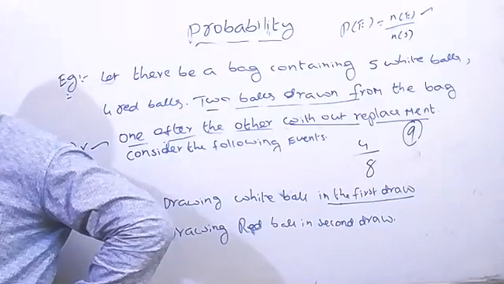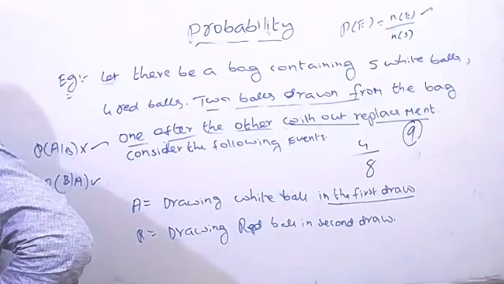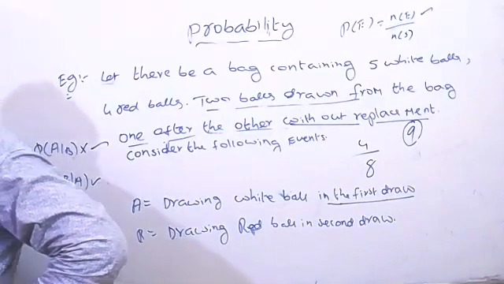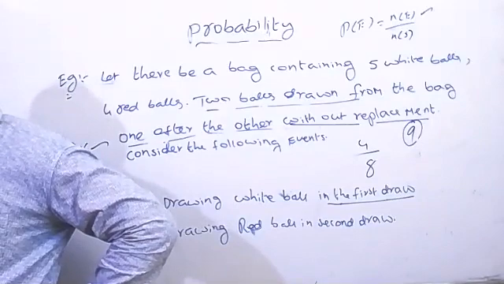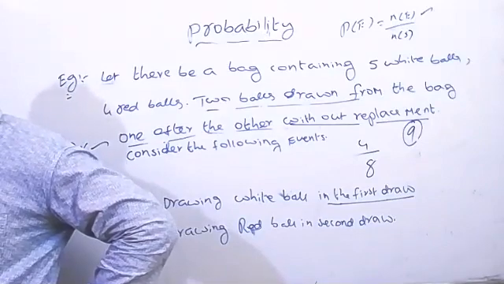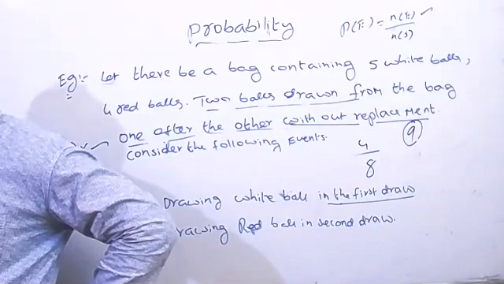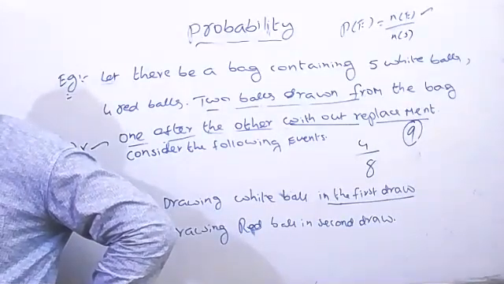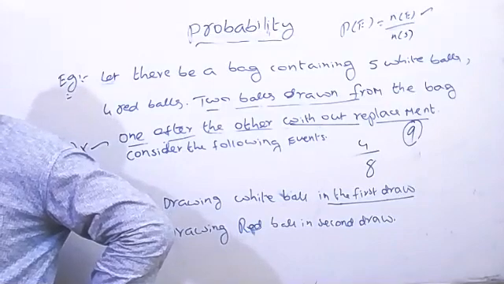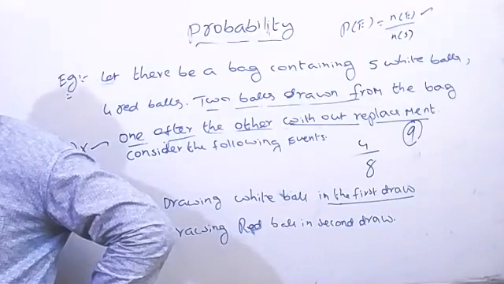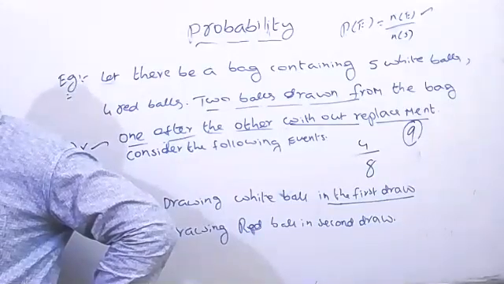Next line. So therefore, probability of B by A equals probability of drawing a red ball from a bag containing 4 white and 4 red balls.